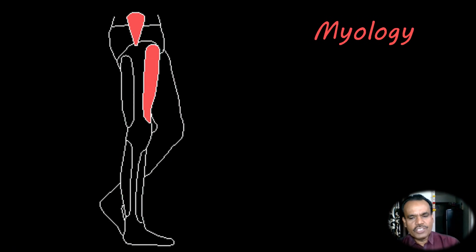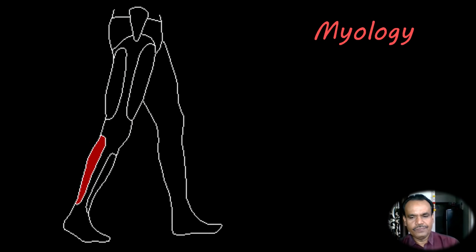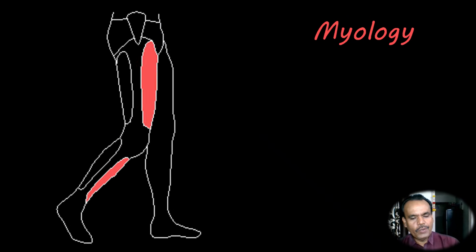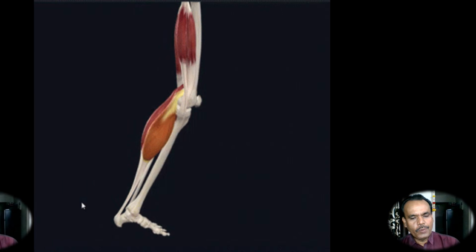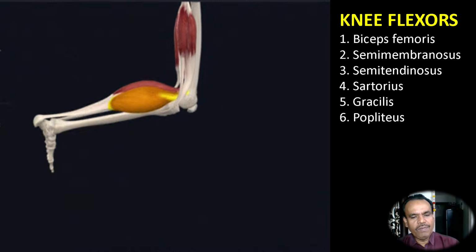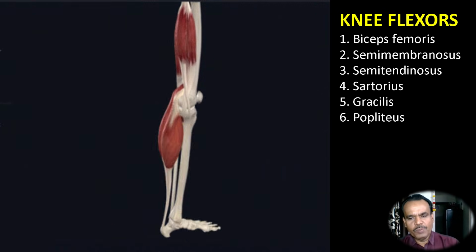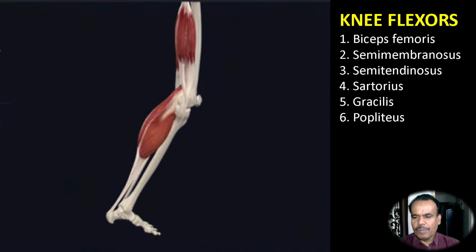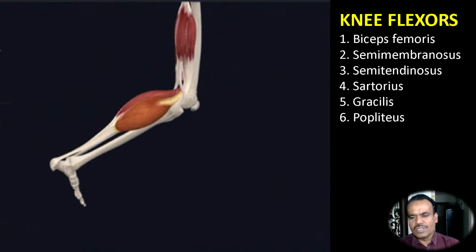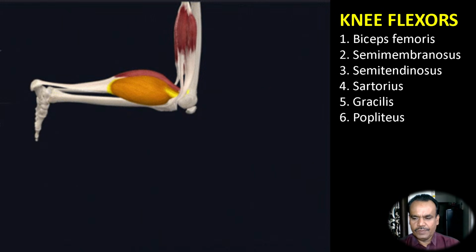So for myology, let's understand the muscles around the knee joint. We have the muscles that can perform bending action that we call flexion. The muscles which perform knee flexion, let's call them knee flexors. They are basically biceps femoris, semimembranosus, semitendinosus, sartorius, gracilis, and popliteus.